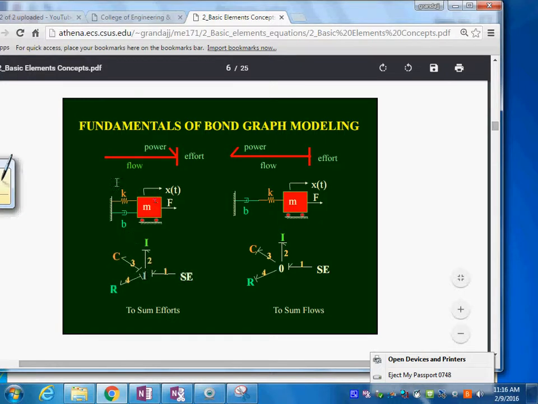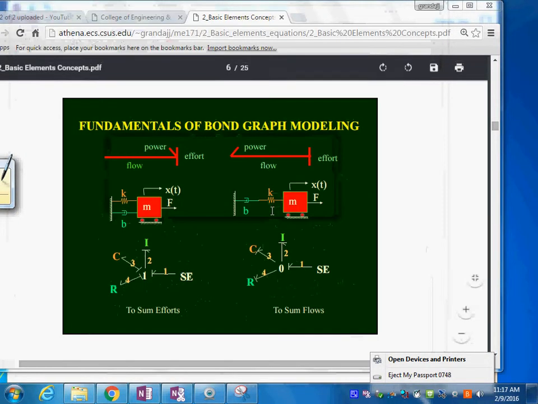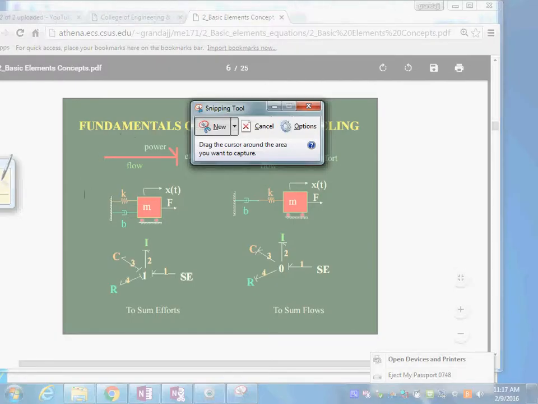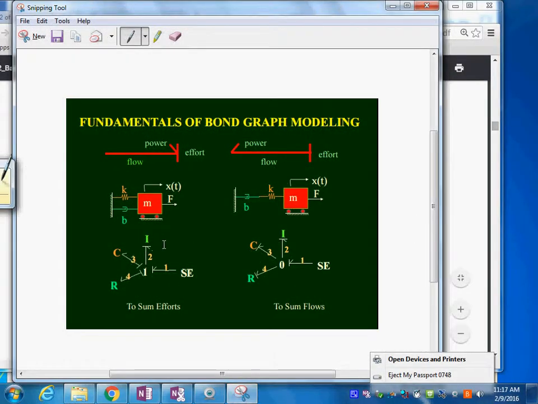This one right here would be the common flow junction. And this one, the zero, would be the common effort junction. See? Okay, so those are the ones.